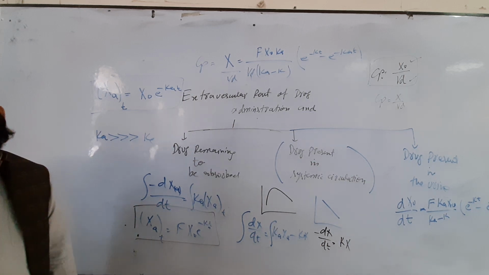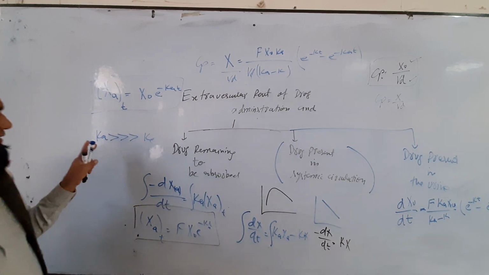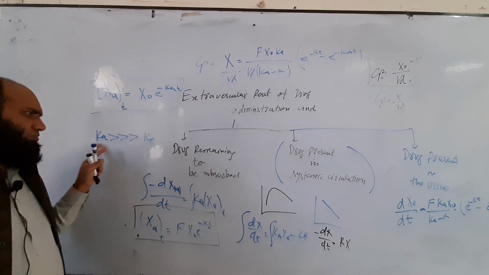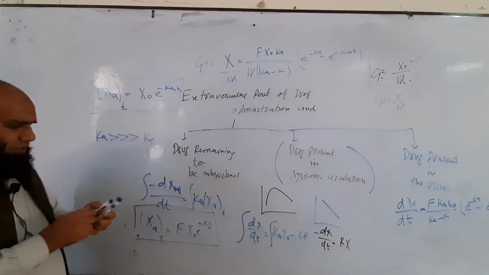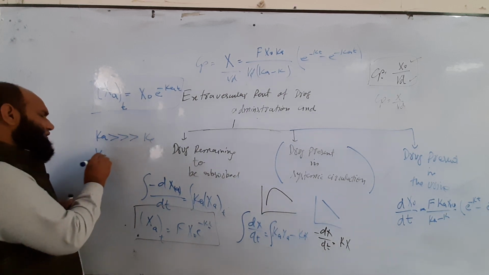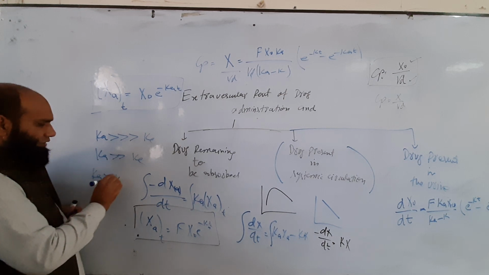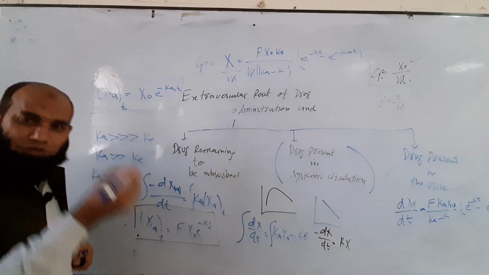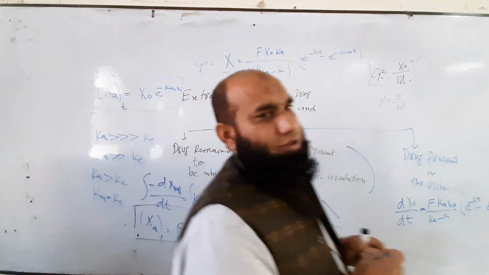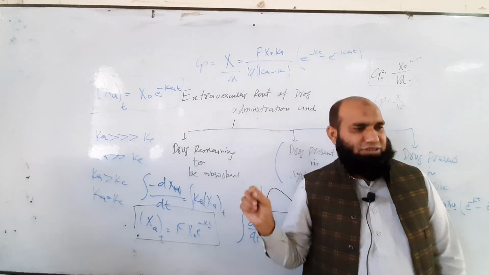Only the drug can be moved from the GI tract toward the systemic circulation. It means only the presence of Ka is maximum and Ke is minimum. Same scenario after some time, Ka will still be greater than Ke. Okay, the time will come where Ka will be equal to Ke. That time is actually the time of the maximum plasma concentration.